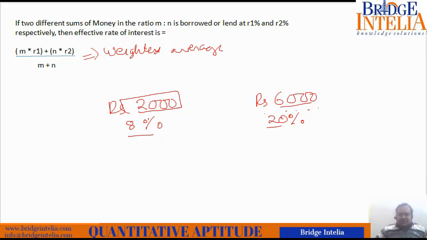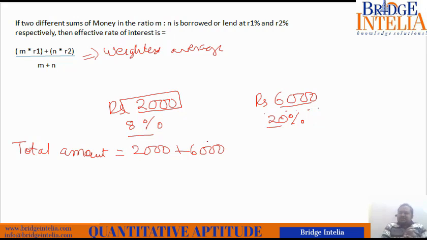So let's see, what is the total amount? The total amount is equal to 2000 plus 6000. What is the total interest that you are going to earn? 8% multiplied by 2000 plus 20% multiplied by 6000.